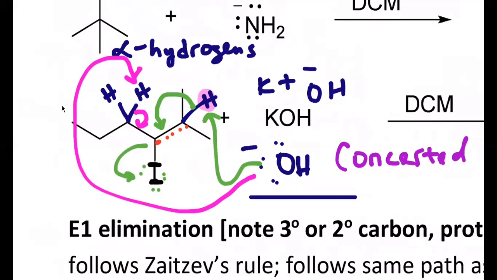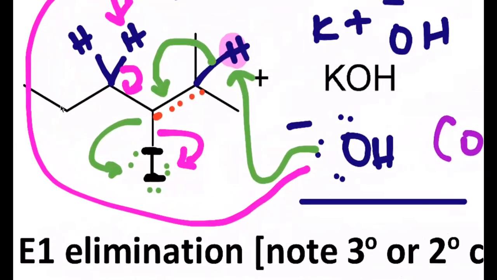And then I'm going to lose my leaving group. Again, it's concerted. It all happens at once, and the carbon hydrogen bond, those are the electrons that are going to be used to make my pi bond here.